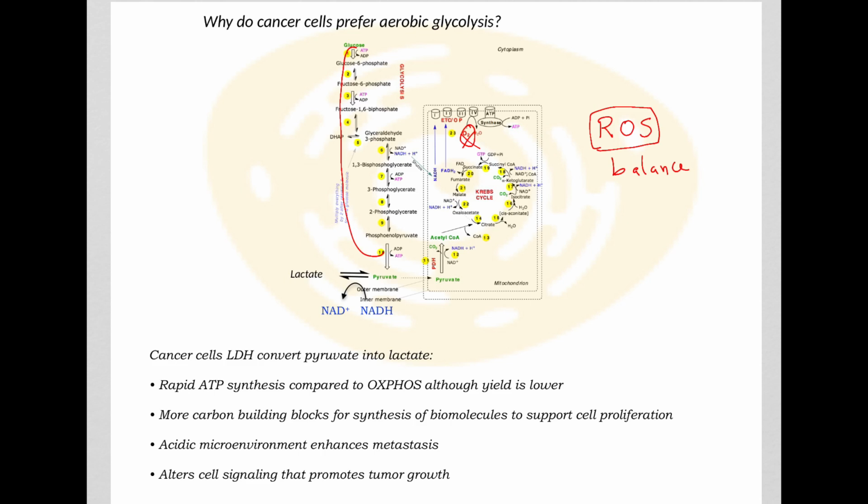And by changing this free radical balance, it's going to alter cell signaling. So basically, by not using oxygen and by producing acid, the cell signaling is going to change into a format that is going to promote the growth of the tumor.